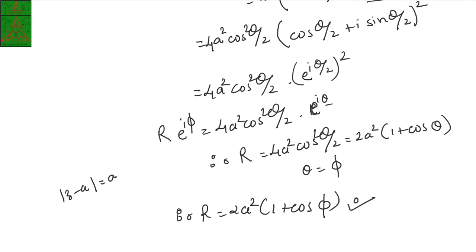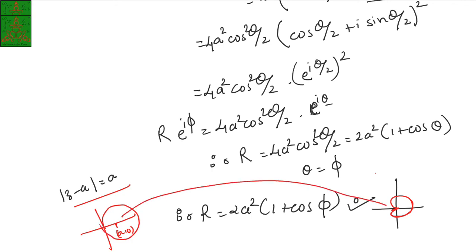It will represent a cardioid, and it will look like this, that you have done in your SY BSc class. This is the cardioid, the image of this circle. What is this circle? Its center is a comma 0 and the radius is a. So this is the image of this circle under the transformation w equal to z square.